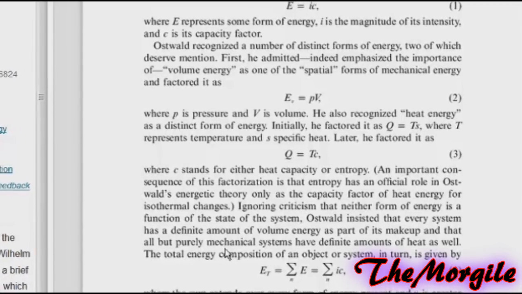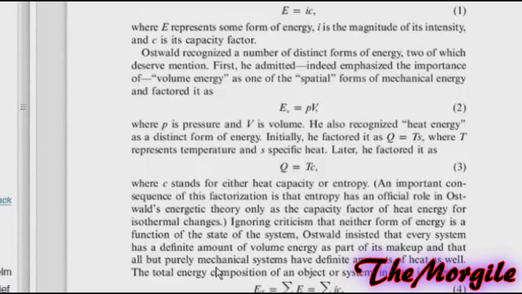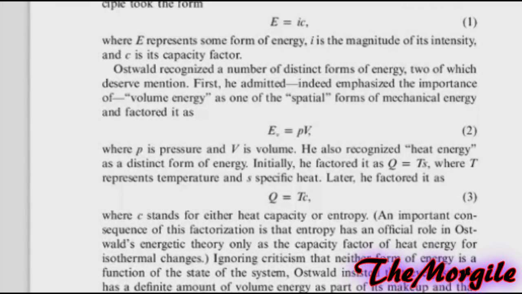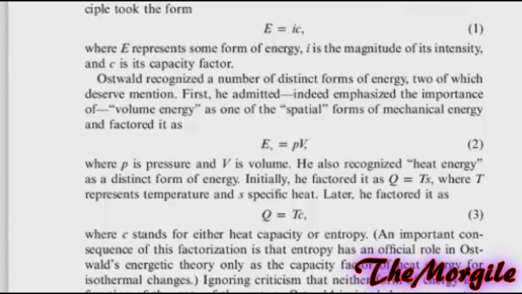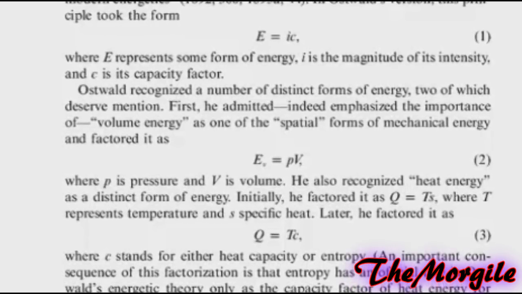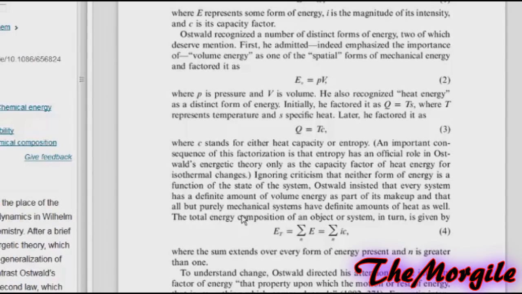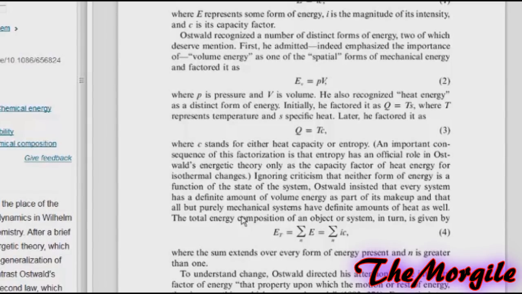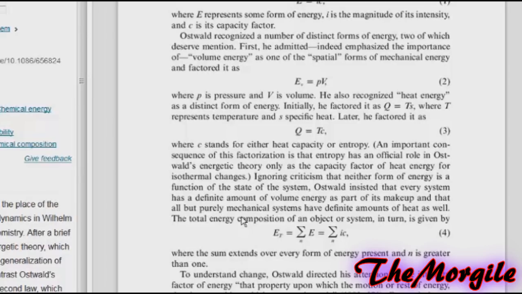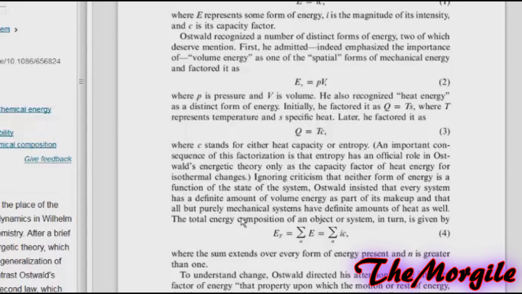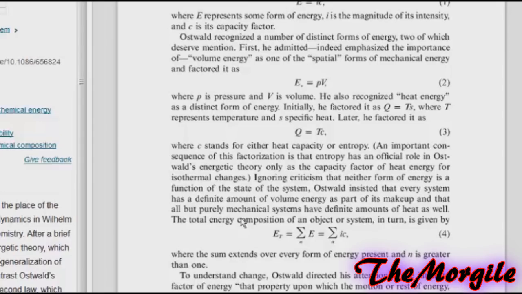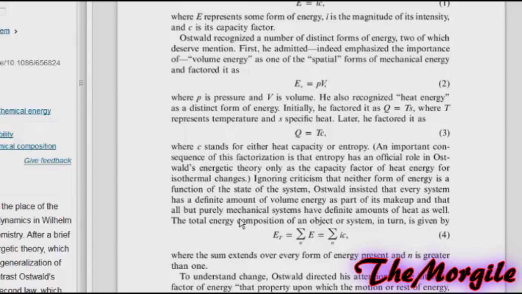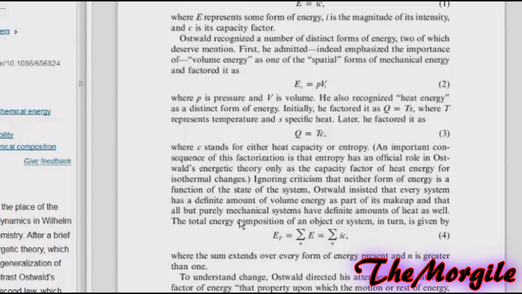He also recognized heat energy as a distinct form of energy. Initially, he factored it as Q equals T times S, where T represents temperature and S specific heat. Later, he factored it as Q equals T times C, where C stands for either heat capacity or entropy. An important consequence of this factorization is that entropy has an official role in Ostwald's energetic theory only as the capacity factor of heat energy for isothermal changes.